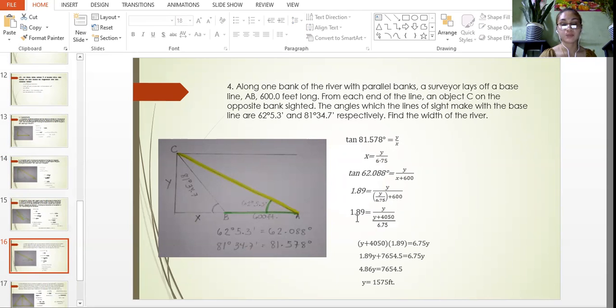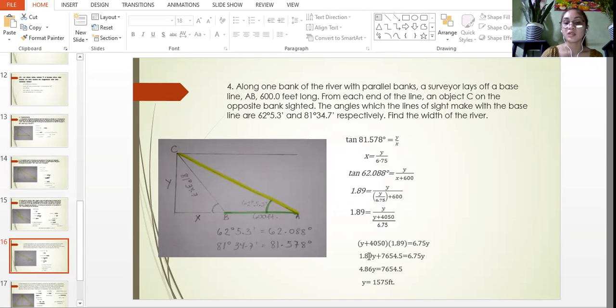So 1.89 is equals to y over y over 6.75 plus 600. Then the quantity of y plus 4,050 times the quantity of 1.89 is equals to 6.75 y.